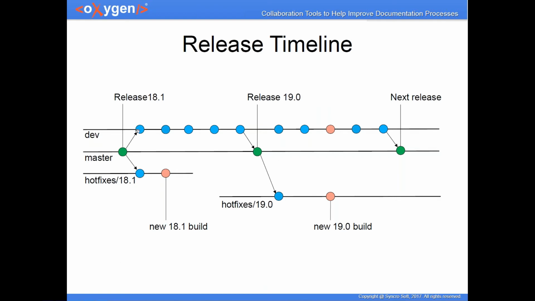But then at that point, they branch off, and the dev branch starts receiving commits for the next release, while the hotfixes branch may just receive a few commits here and there. But this allows us to push information in between releases.